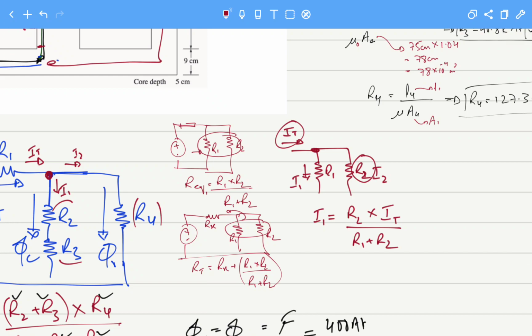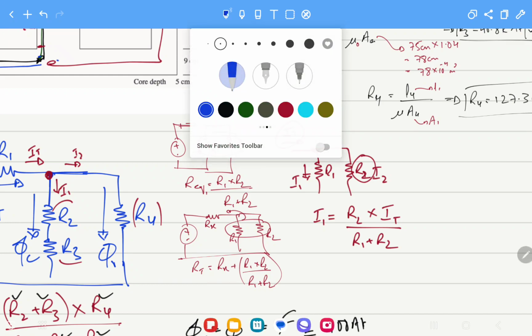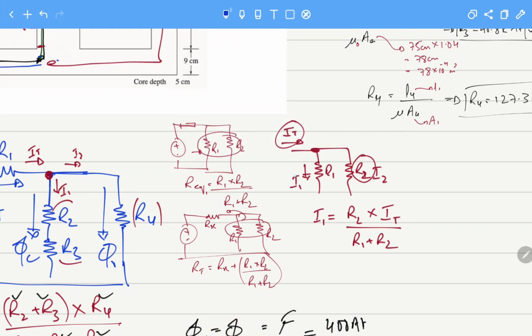So if in any branch you want to calculate the current, so I was calculating I1, the impedance of the parallel branch into the total current divided by the sum. So what will become for I2?